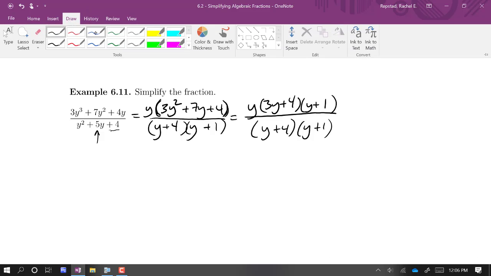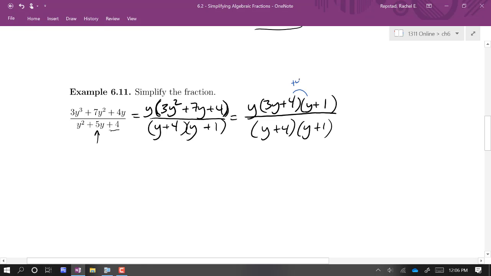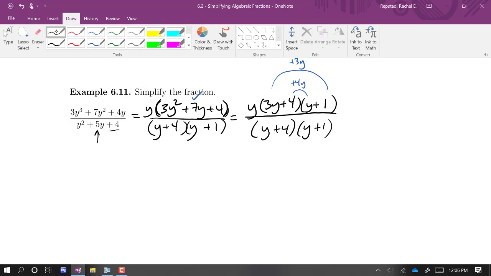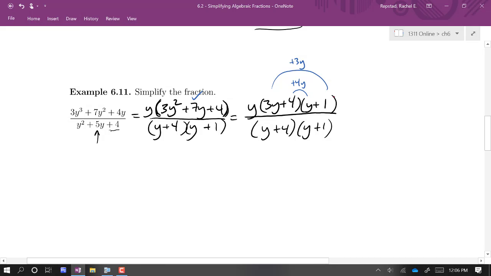Let me do a quick check, that's plus 4y, and that is plus 3y, which gives us the plus 7y in the middle. Now we can cancel common factors. We have just one common factor to cancel. It's the y plus 1 and y plus 1. We are left with y times 3y plus 4 over y plus 4.